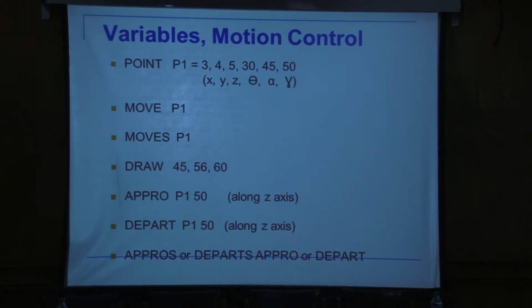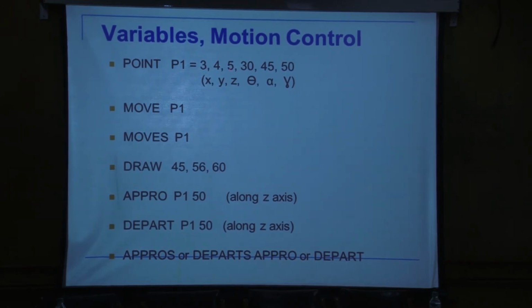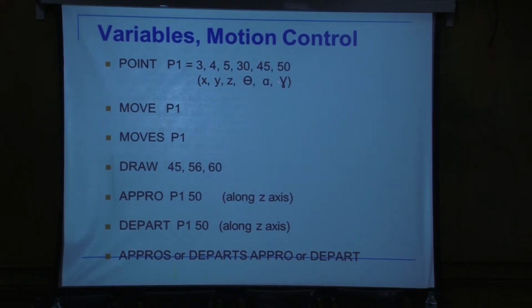So here the variable name is P1, x, y, z are the coordinates of the point, and theta, alpha, and gamma are the orientation of the point. So 6 of them are required. If I am not interested in this, I can simply say x, y, z, and it will take some default value. So the first thing we need to define is points in space, because the robot moves from point to point.